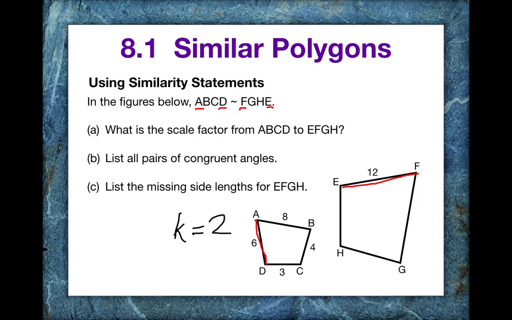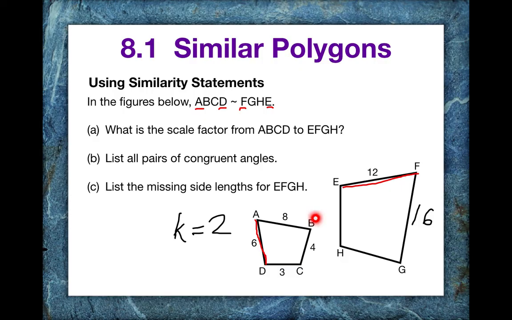Therefore, I'm going to take each one of these lengths and multiply by 2 so that I can show the missing side lengths for the other side. I just go back to my statement up here, and I can say, well, AB corresponds to FG. So AB is 8, so FG is going to be 16.